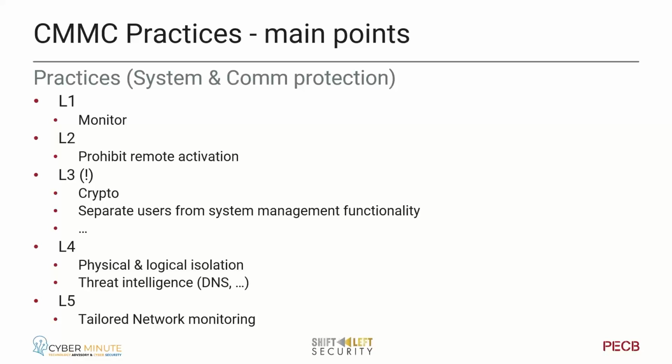This is a very, very huge one. And to get to level 3, I think it's so much work already to do. But it's very, very good. If you look at the practices, this is a very important one to start with to prevent ransomware outbreaks, for example.